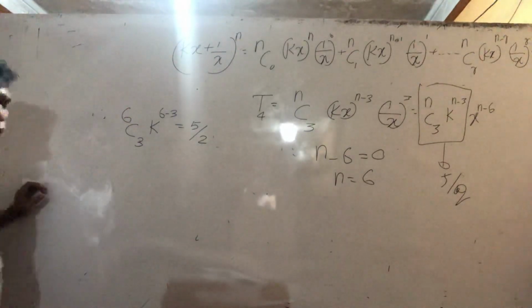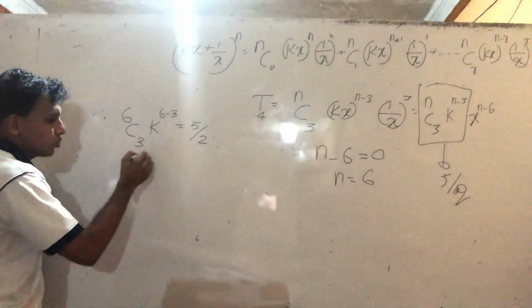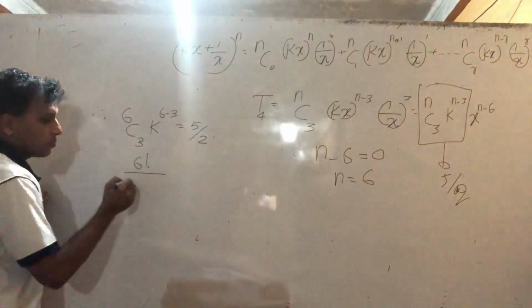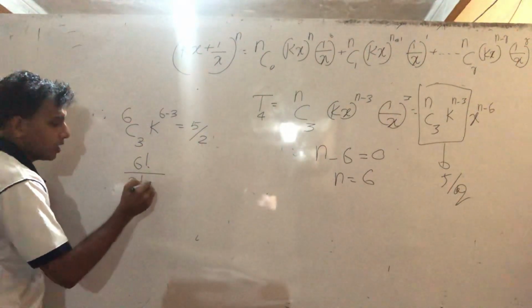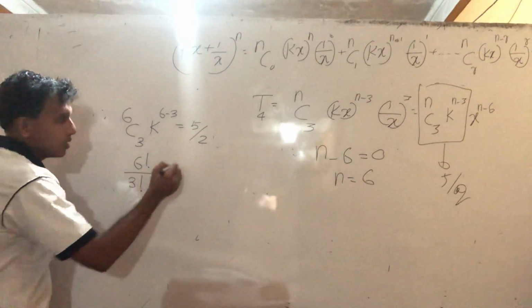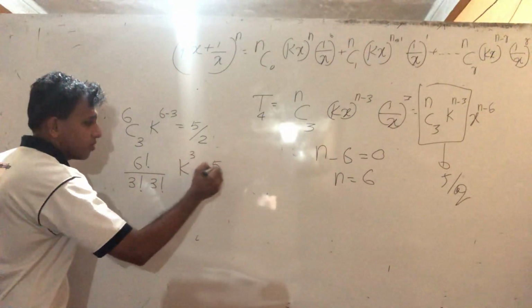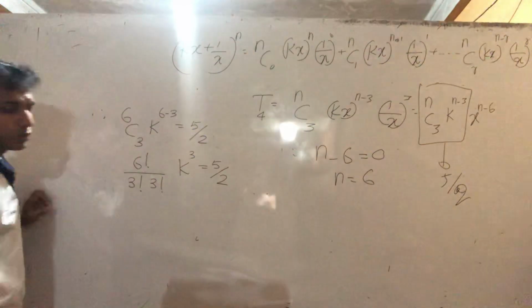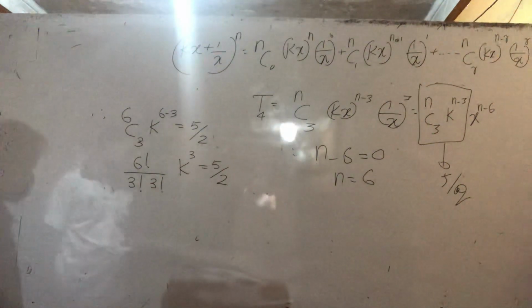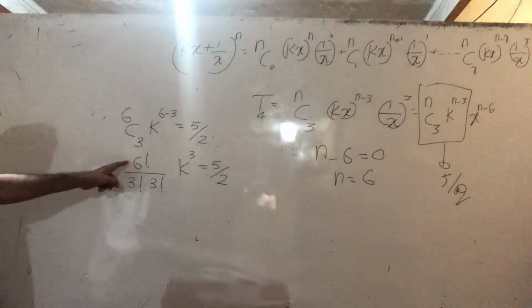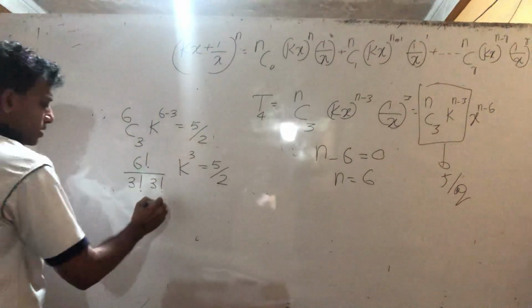Now solve this equation. Factorial 6 over 6 minus 3 factorial, 3 factorial, k to the power 3 equal 5 over 2. So simplify this equation. 6 into 5 into 4, 1 cancel.